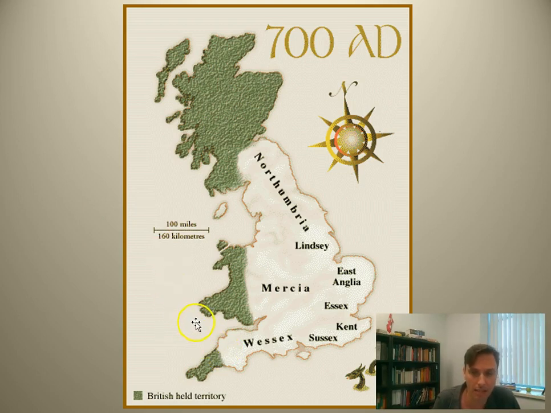Anyway, the word Saxon still survives in such place names in England as Wessex, that is, the West Saxon Kingdom, Sussex, the South Saxon Kingdom, Essex, the East Saxon Kingdom, and so forth.